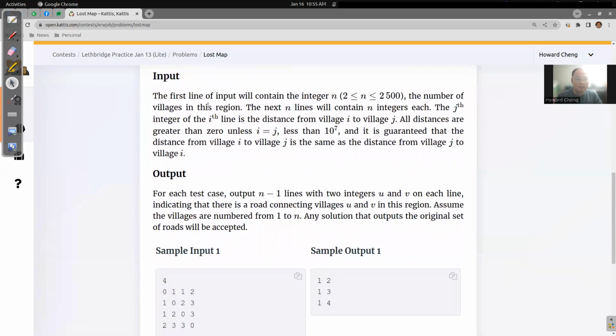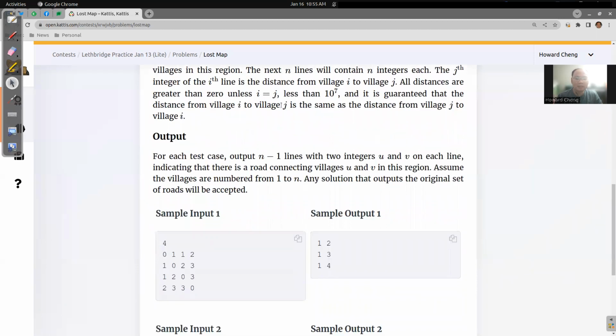Your first line of input will contain the integer n, which is up to 2,500, the number of villages in the region. The next n lines will contain n integers each. The jth integer on the ith line is the distance from village i to j. All distances are greater than 0 unless i is equal to j. They're less than 10 to the 7, so less than 10 million.